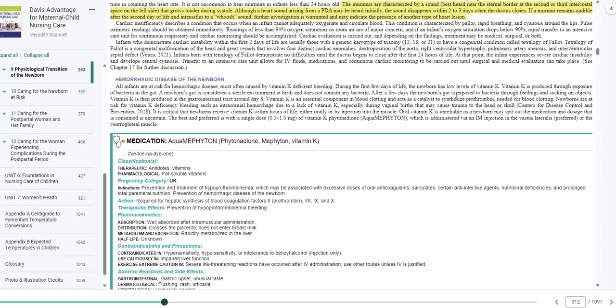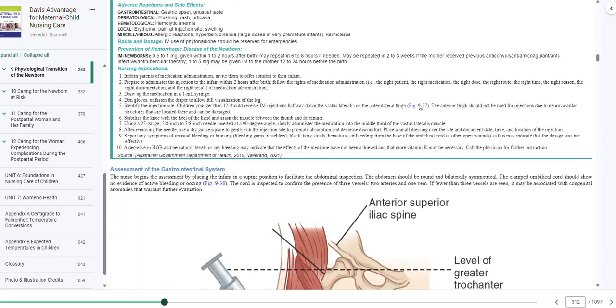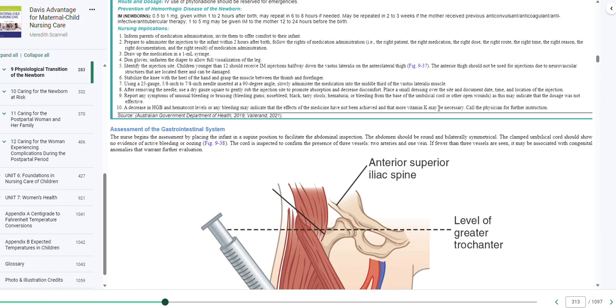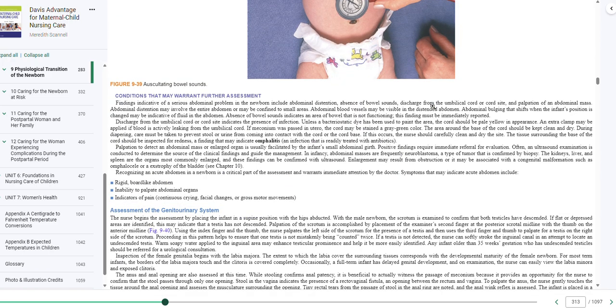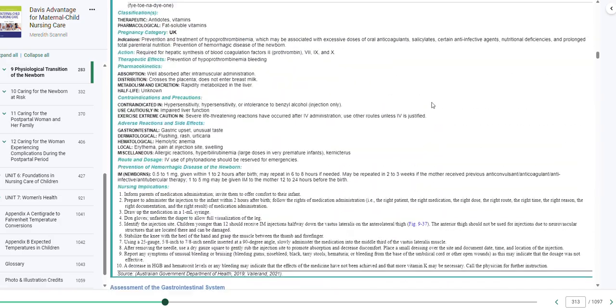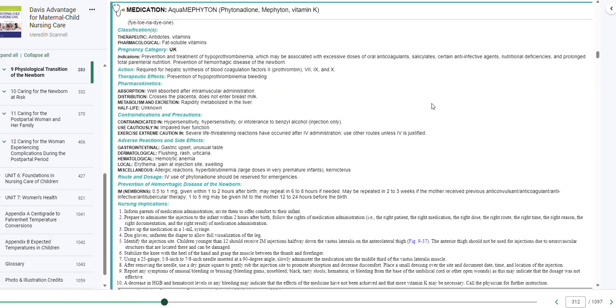So, all right, let's look on page 313. This is still under that same vitamin K. In newborns, you need to know this, we're giving those injections IM, okay?